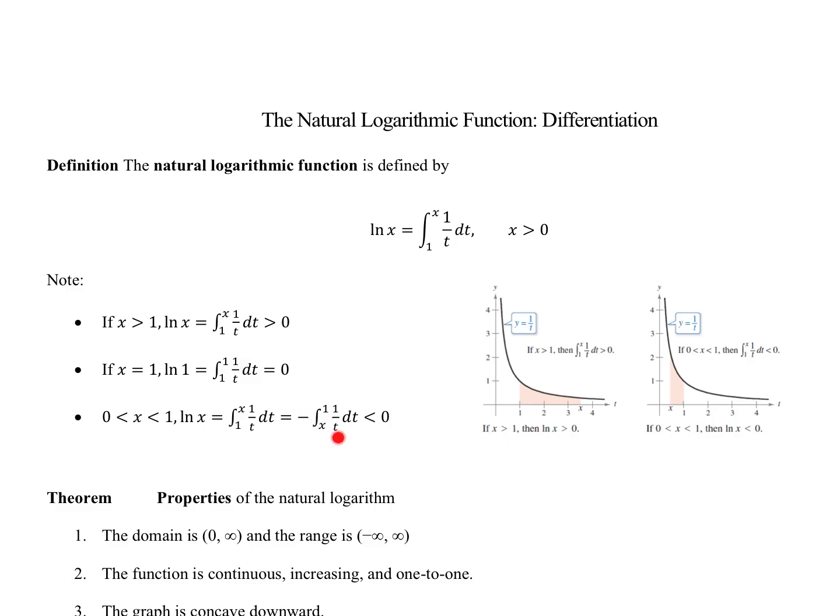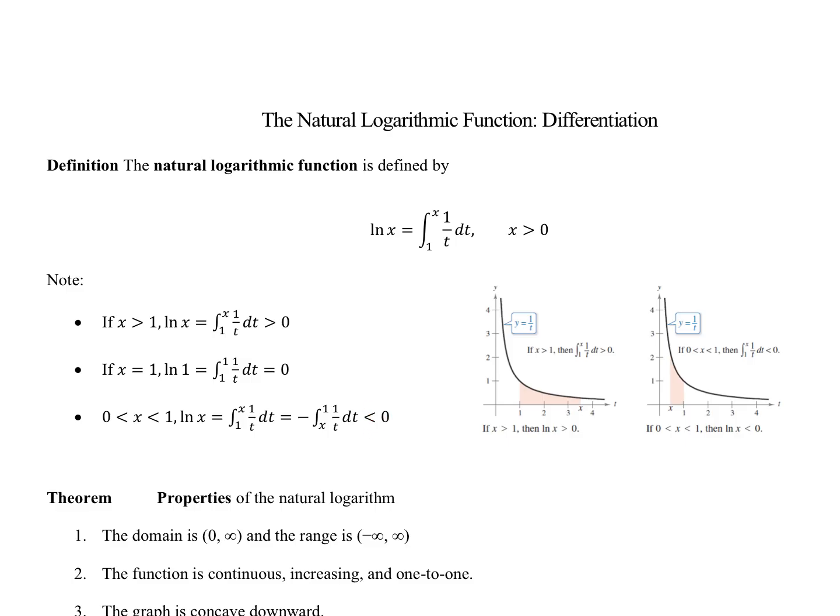So this is the area bounded under the function 1 over t from x to 1. Because this is an area, greater than 0, with a negative sign, we know that ln x, when x is less than 1, will be less than 0.